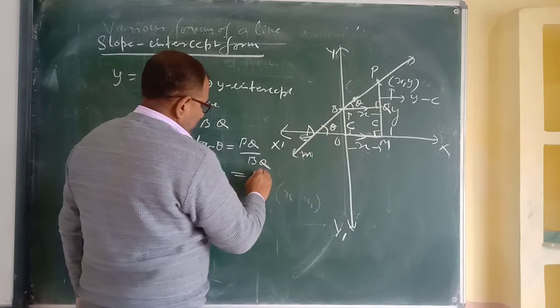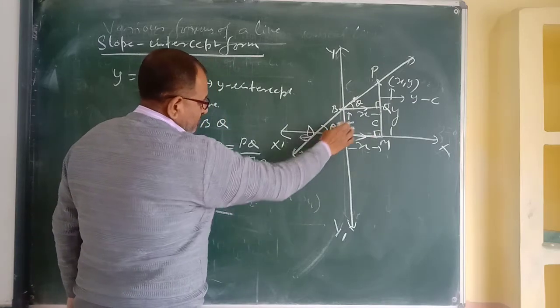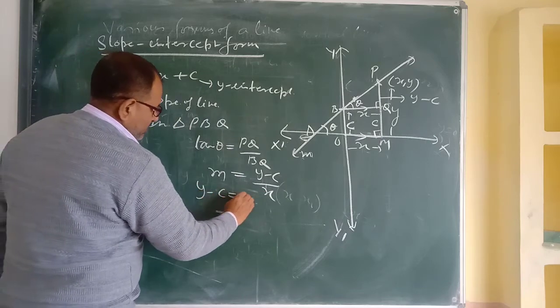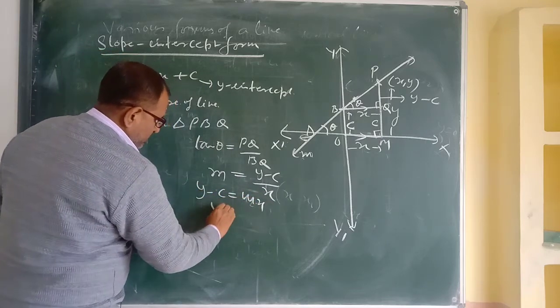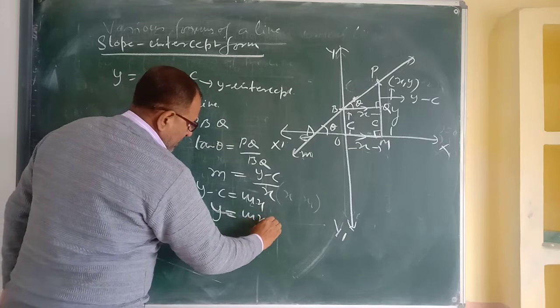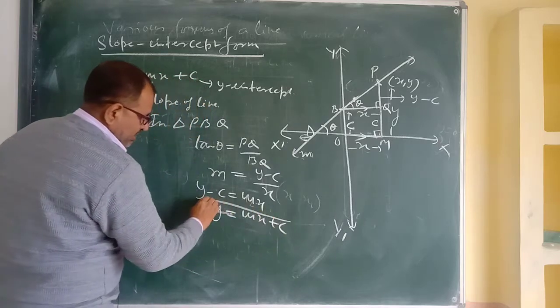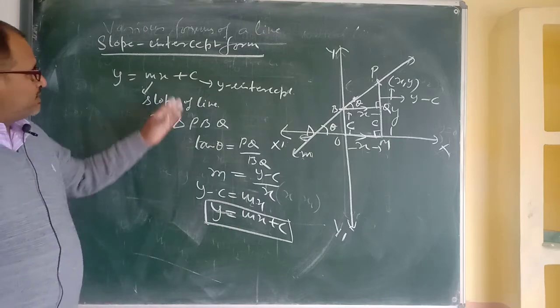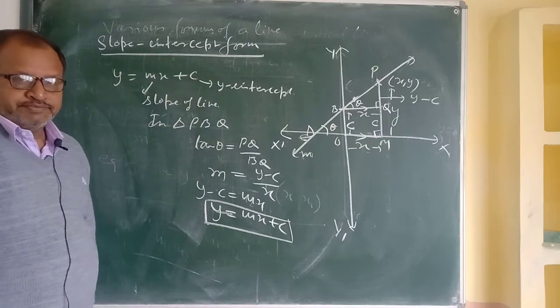PQ is y minus C and BQ is x. Cross multiply. So y minus C is equal to mx, y is equal to mx plus C. So this is the equation of the line in slope and y-intercept form.